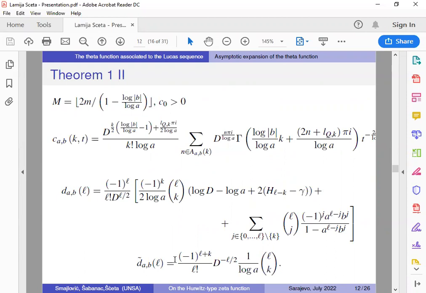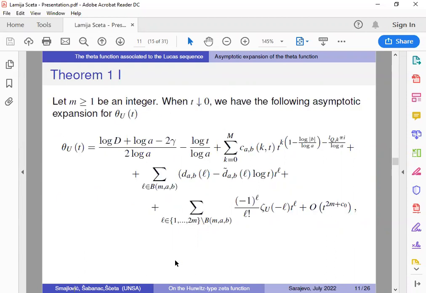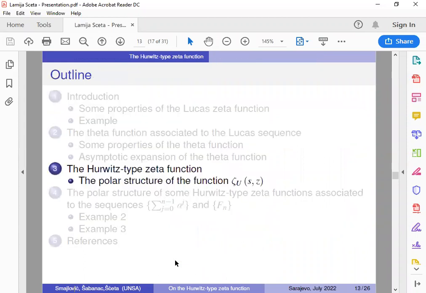It's not so beautiful, it's simple, but to prove this result, we use that the theta function can be written using the Mellin inversion formula, and we also use the residue theorem to calculate poles and corresponding residues of that function, and putting it all together, we get this asymptotic expansion of the theta function.